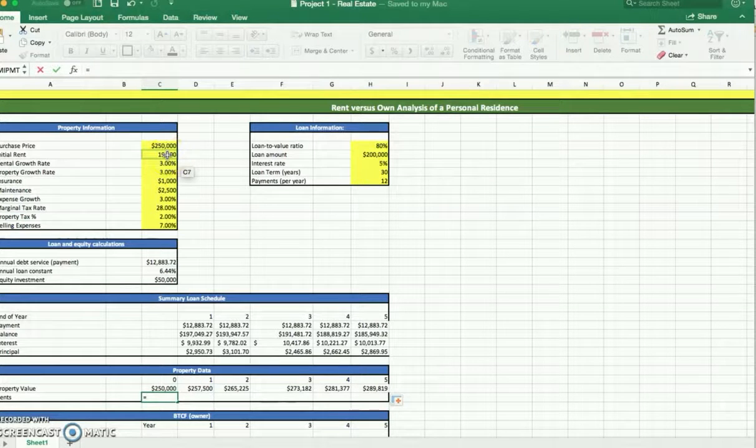I calculated it from the beginning and multiplied the original monthly payment by 12.